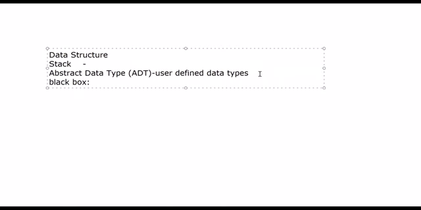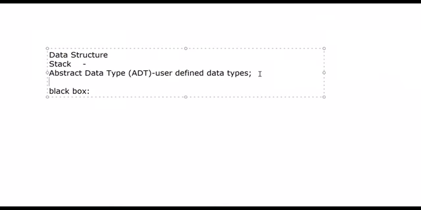Okay, so I'll just write a line on ADT. It is a user-defined data type which defines operations on values using functions. And you can think of it like a black box.